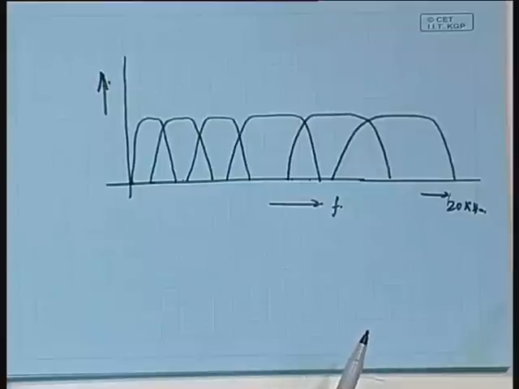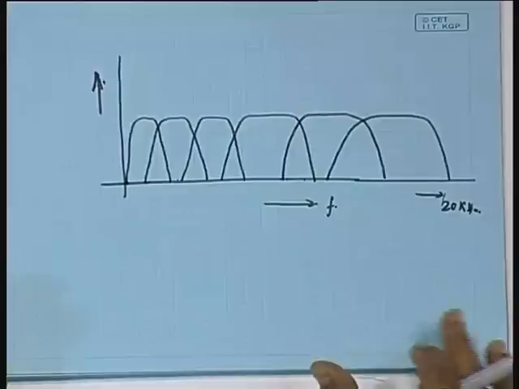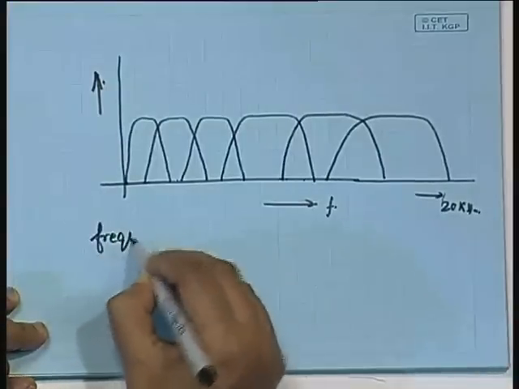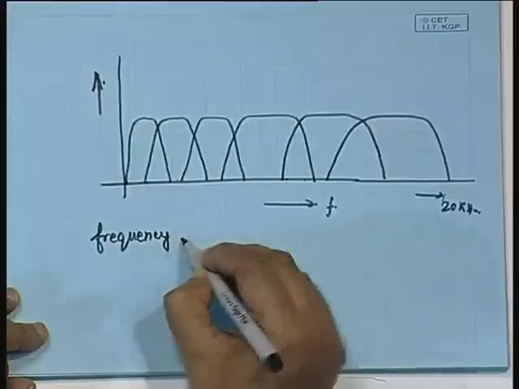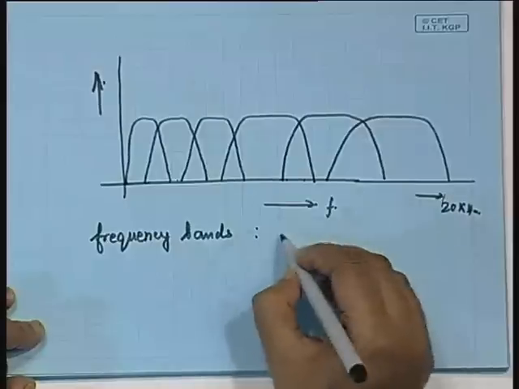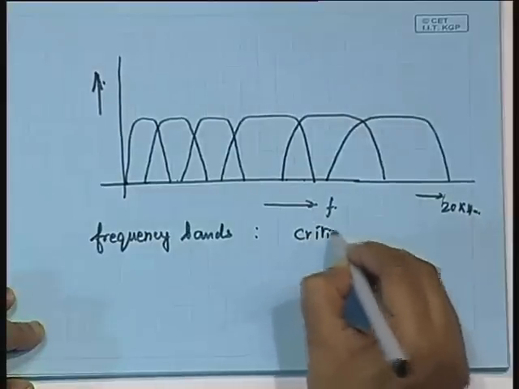The frequency bands we get for these individual filters are referred to as the critical bands.